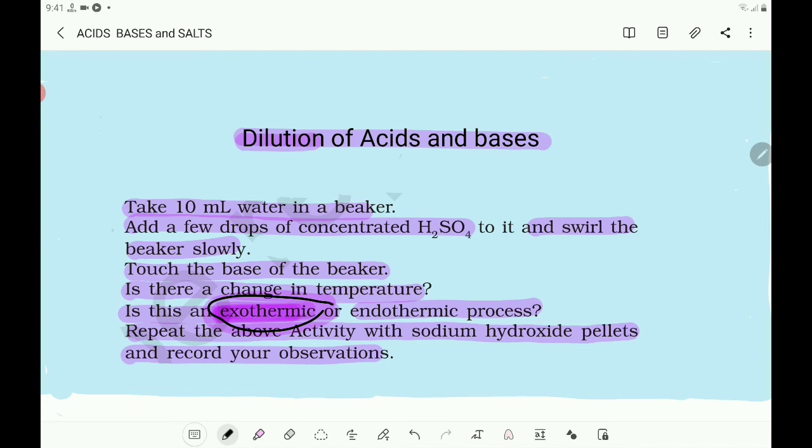Care must be taken while mixing concentrated nitric acid or sulfuric acid with water. Here HNO3 is nitric acid, H2SO4 is sulfuric acid. The acid must always be added slowly to water with constant stirring.